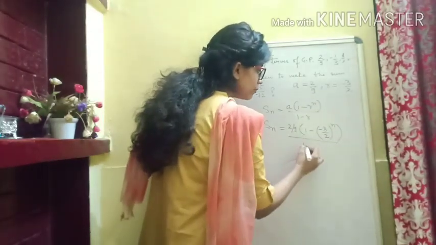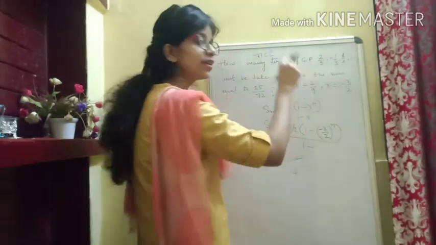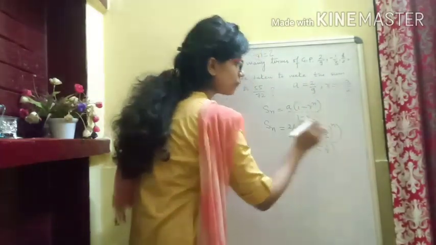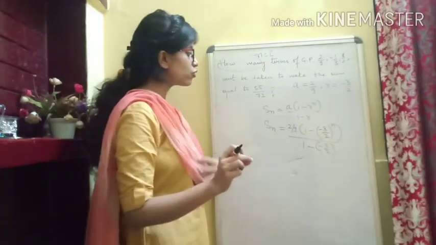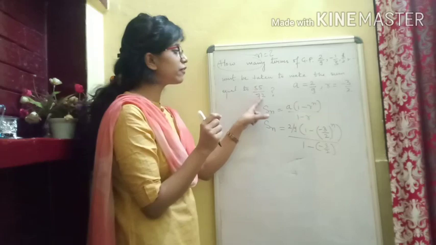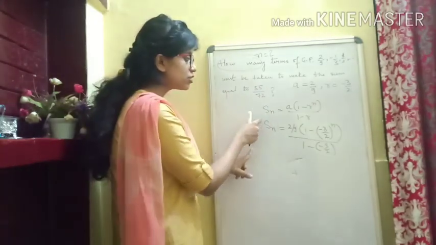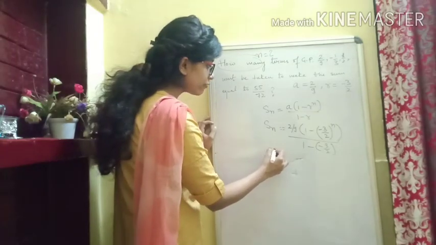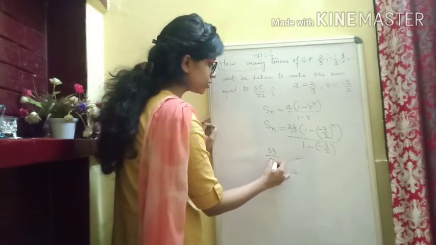Upon 1 minus r, r is minus 3 upon 2. Is it okay? Also, if you see in the question, it is given that the sum equals 55 upon 72. This is your sum. That means we know the value of this sum also, which is 55 upon 72.